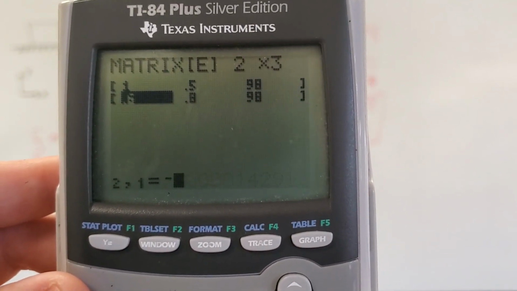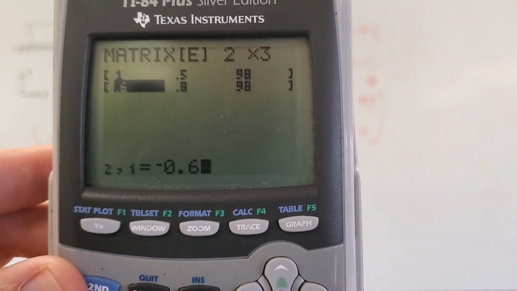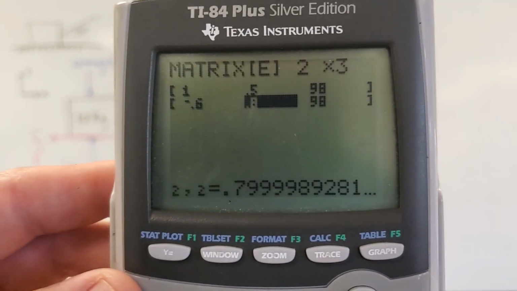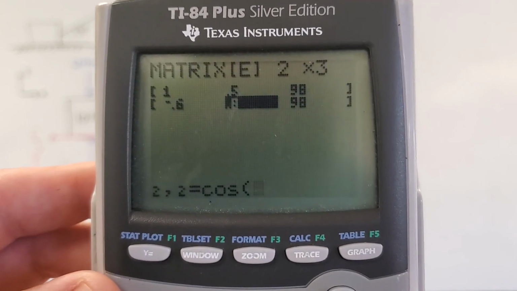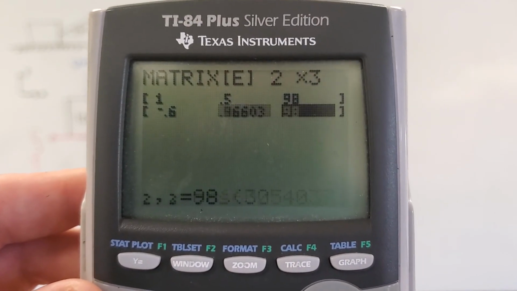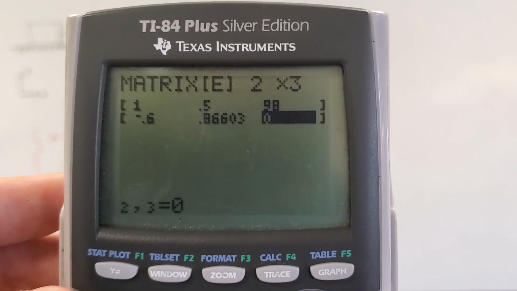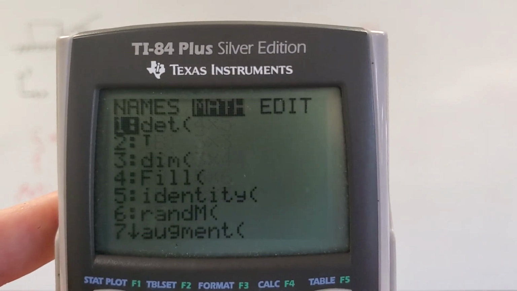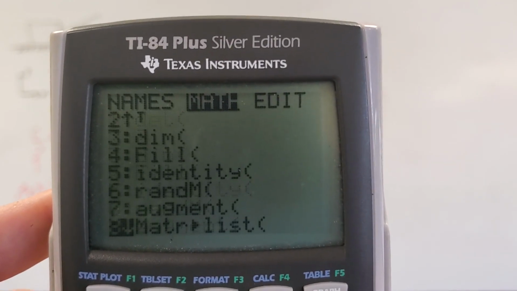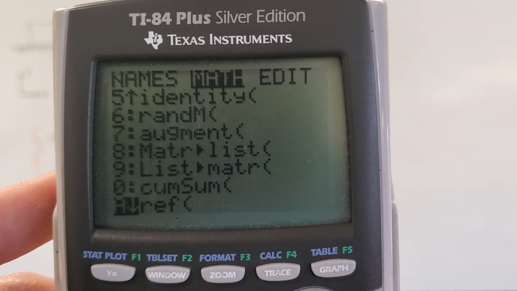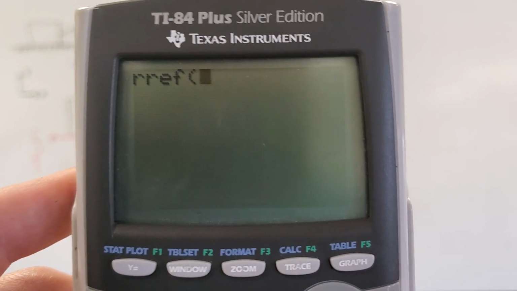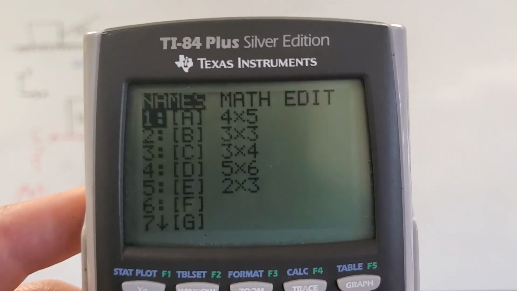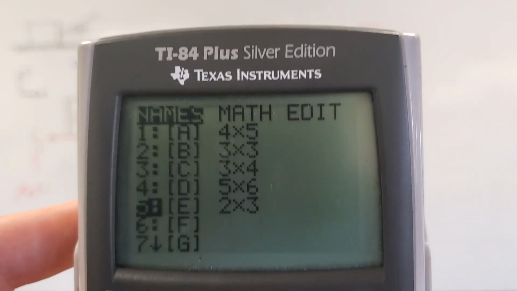We have a negative 0.6, a cosine of 30 degrees, and a 0. Okay, we go to second quit, we go to second matrix, we go over here to math, we scroll down till we find that reduced row echelon form function, and then we plug in our matrix that we just edited.